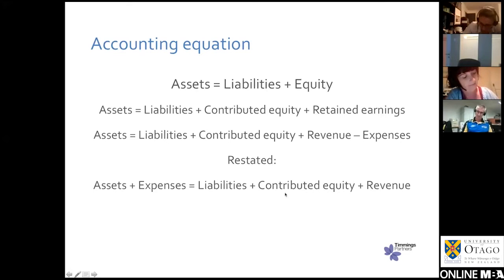So restated, that's exactly the same equation as the one above it. Instead of liabilities plus contributed equity plus revenue less expenses, we've just added expenses to both sides. So assets plus expenses equals liabilities plus contributed equity plus revenue.